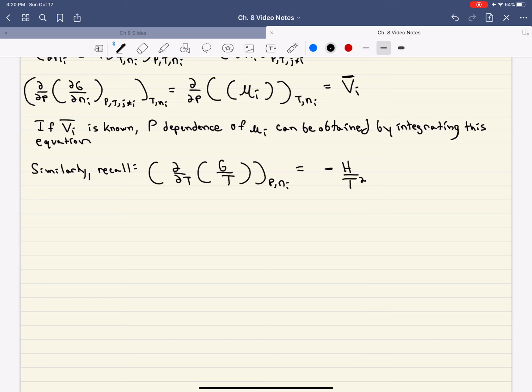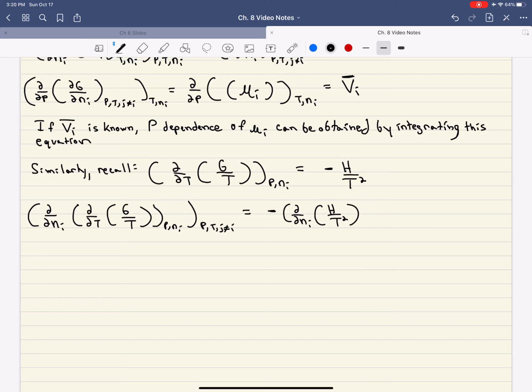Let's now take the partial derivative of both sides with respect to Ni, at constant P, T, and Nj, where j is not equal to i.